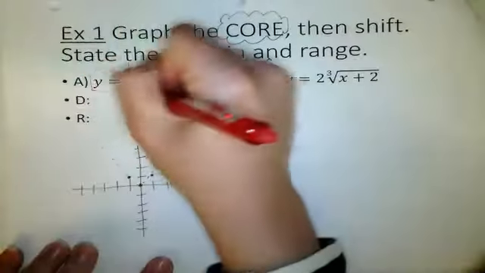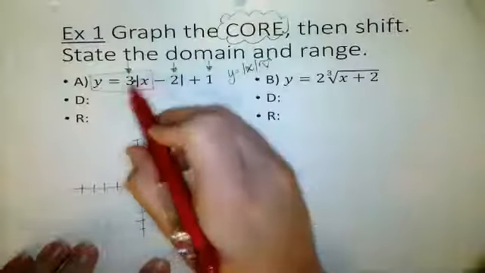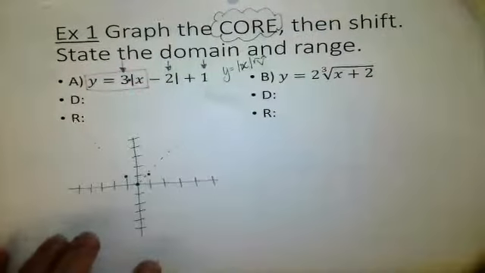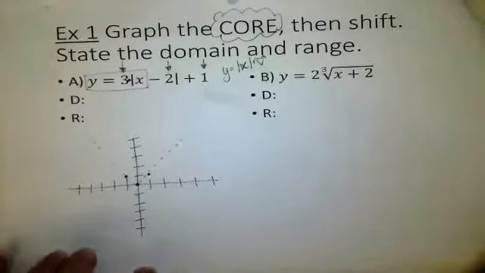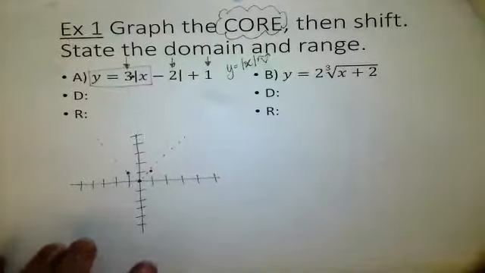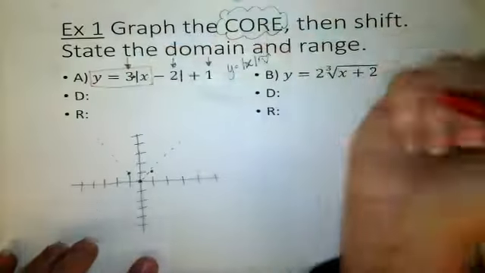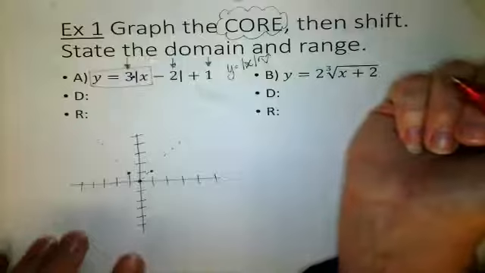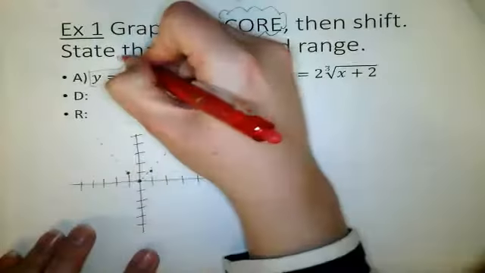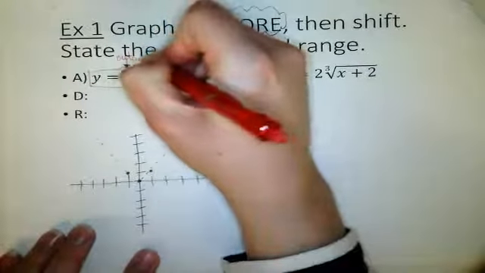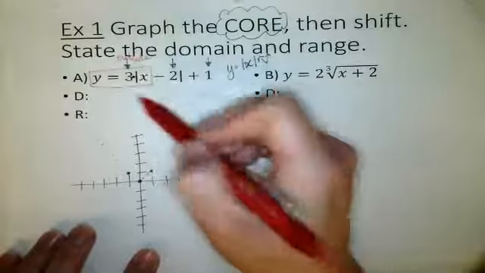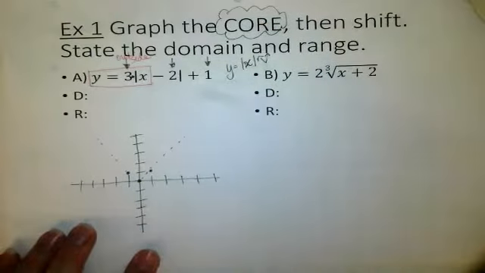The first thing I have to look at is this 3 times our function. Would you say that 3 is on the inside or the outside of the function? Outside. Yeah, it is on the outside. And because it's on the outside, anything on the outside is going to affect y values. Always, always, always.